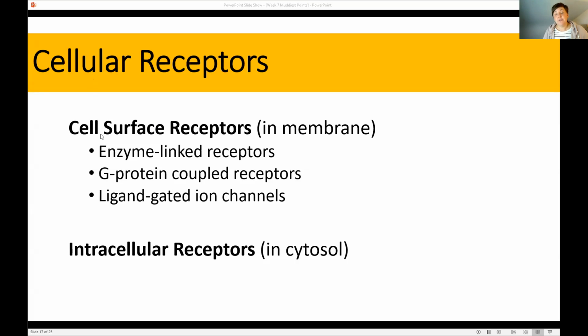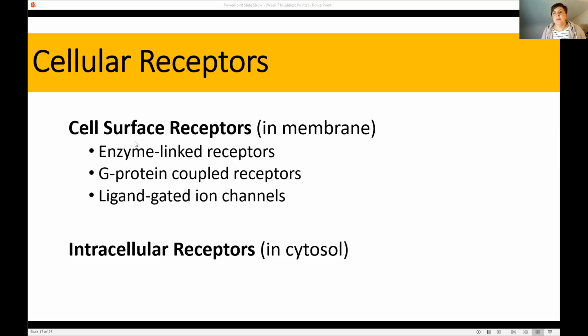Cell surface receptors are going to be the most prevalent. These are integral proteins, meaning that they pass between the outside and the inside of the cell because the message has to be received on the outside of the cell, interpreted, and that message has to be sent inside of the cell.